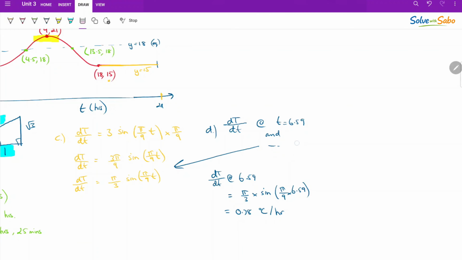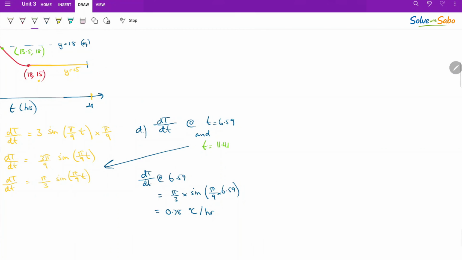Now I'm going to do the next one here, in green. So we said t equals 11.41. Now, if I didn't trust my derivative, maybe I'm a bit bad with derivatives, but I'm pretty good with my calculator, I could simply go d/dx of -3 sin(πt/9) + 18, so the whole original equation, where x is equal to 11.41.